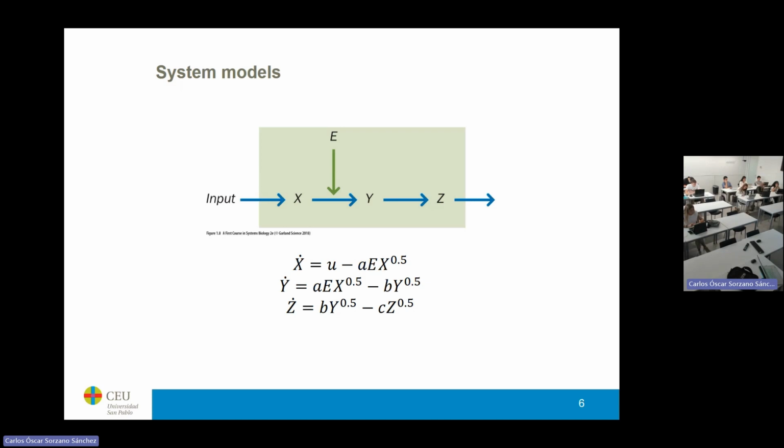So I can rewrite this equation in a different way.